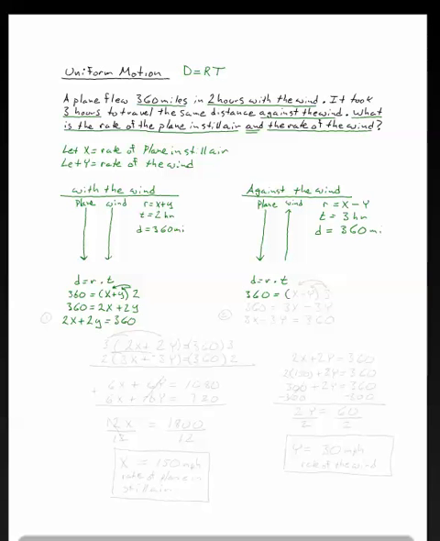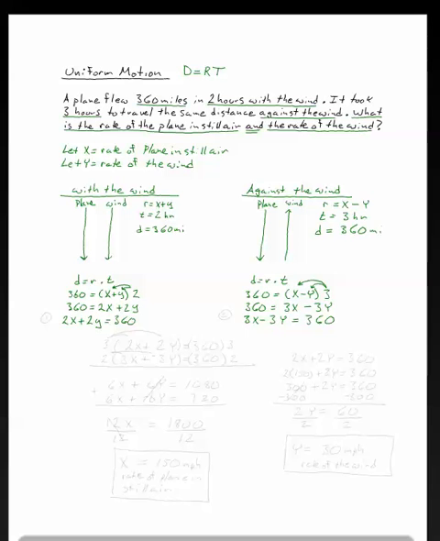Our rate, since we're going against the wind, is x minus y, and our time is 3 hours. So then we distribute, and we get 360 equals 3x minus 3y. Flipping this equation around as well, we get 3x minus 3y equals 360.